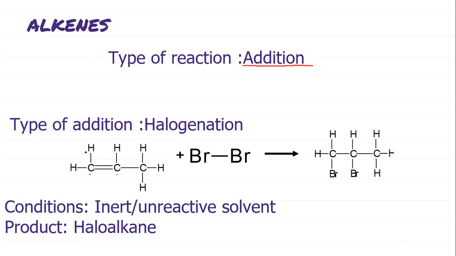These 1, 2, 3, 4, 5, 6 hydrogens were there. 1, 2, 3, 4, 5, 6. So what we can definitely see is that we have added the bromine atoms. And for us to be able to add those bromine atoms, we break the double bond. So the type of reaction there is then addition altogether.